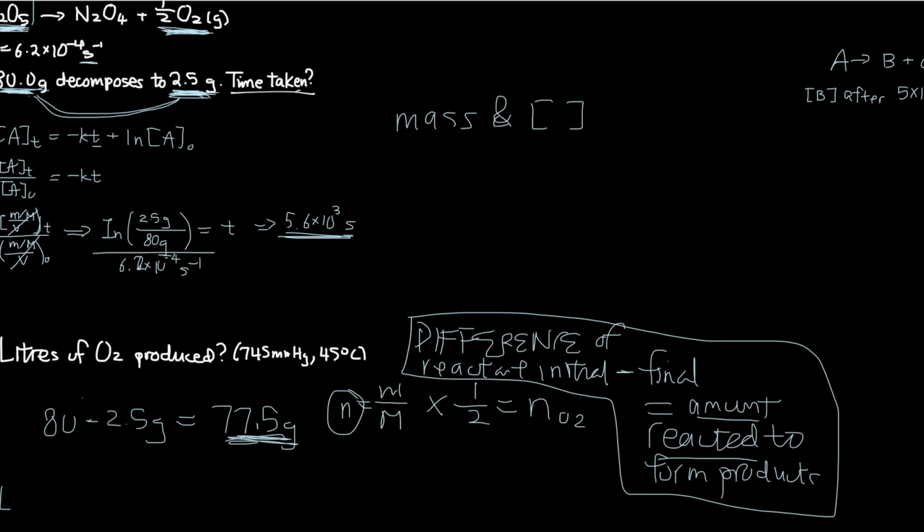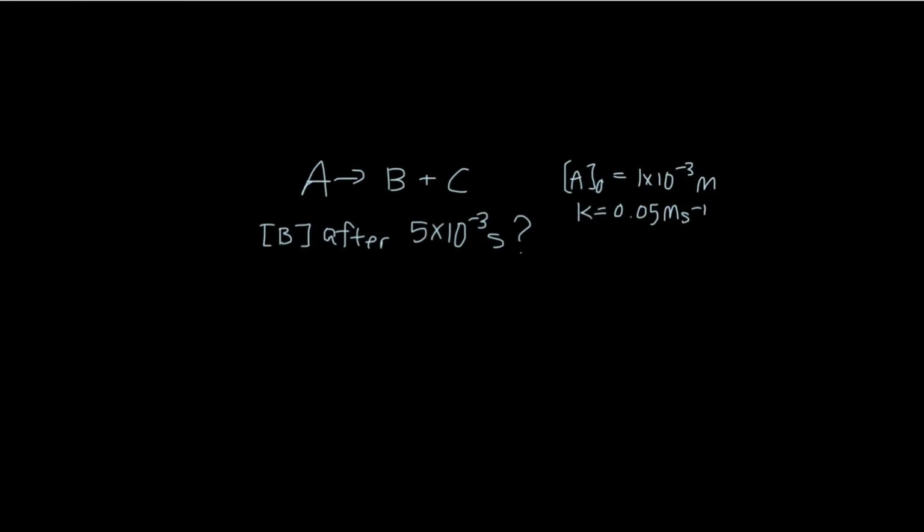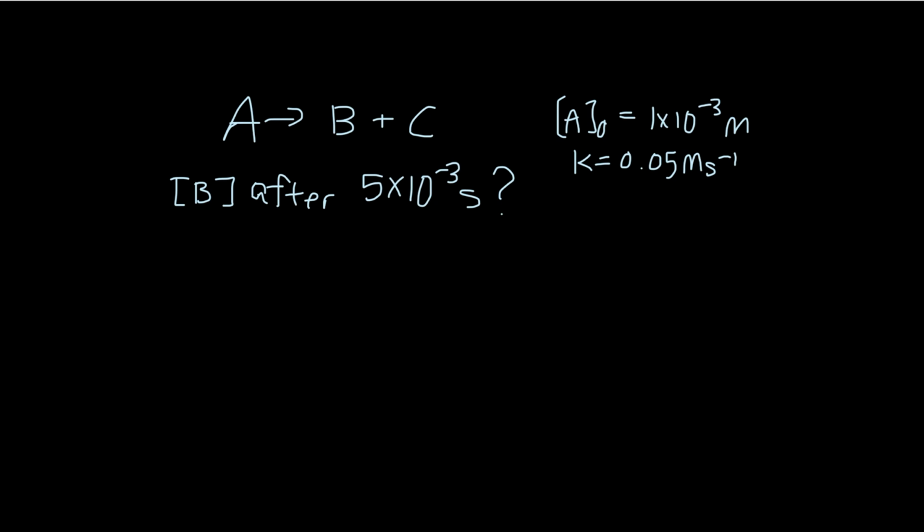And now, just to test if you learned what I just talked about, let's say you're given this hypothetical equation and you're given this information about the rate constant and the initial concentration of A. The question asks, what is the concentration of B after this many seconds?